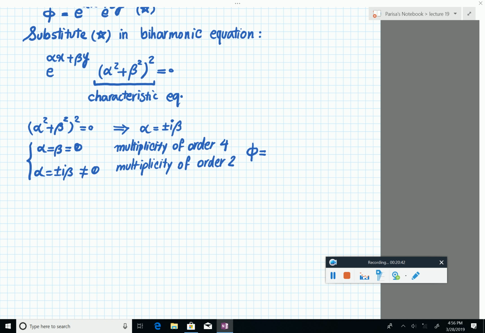Going back to what I told you about multiplicity, try to write a general solution to see how it would look like on your own first. How does it look like?